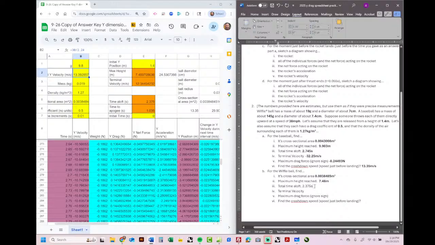So it doesn't stay in the air as long as the baseball. Terminal velocity is 12.3 meters per second. But I'm going to put negative because that's downward. I'm getting that from right up here.